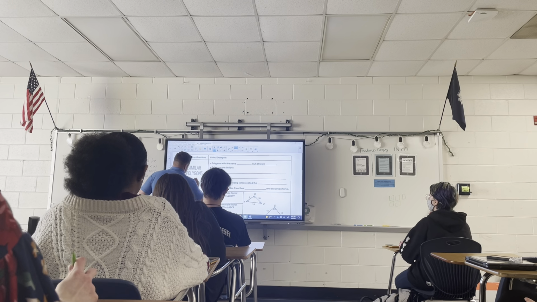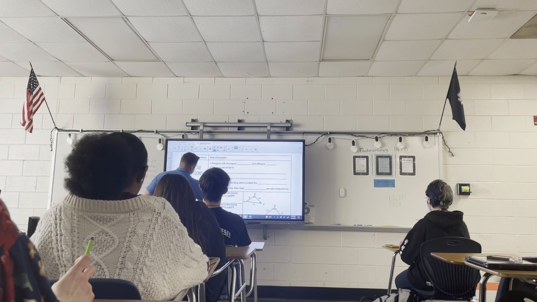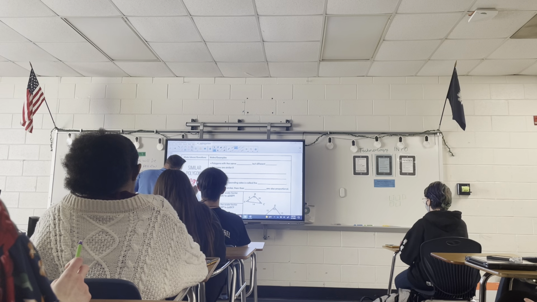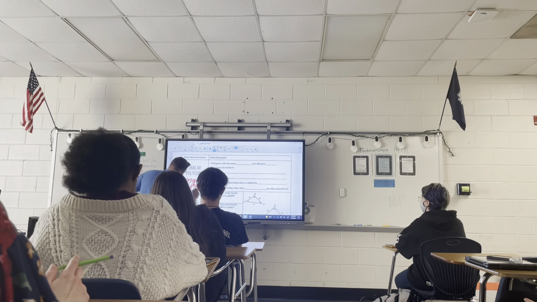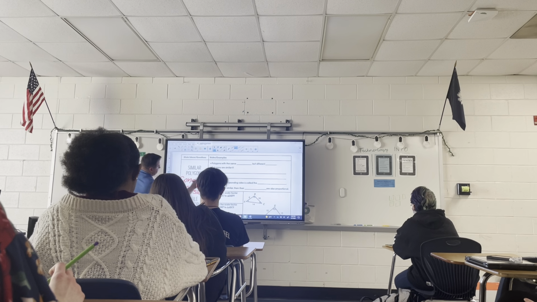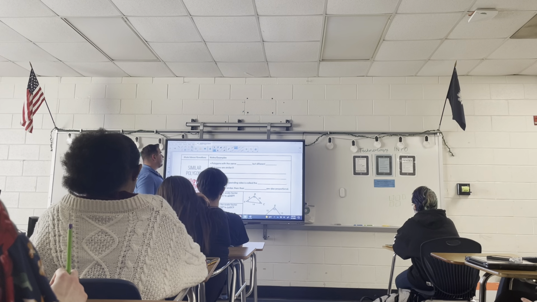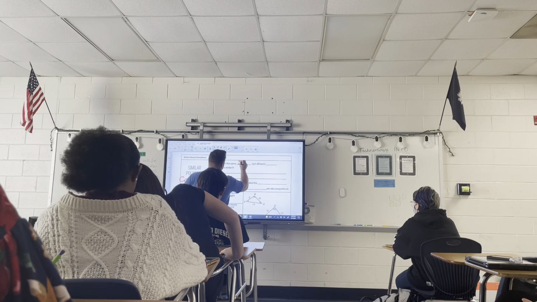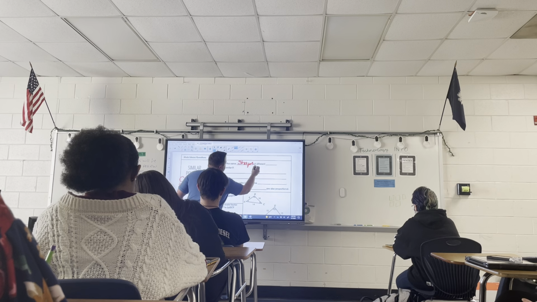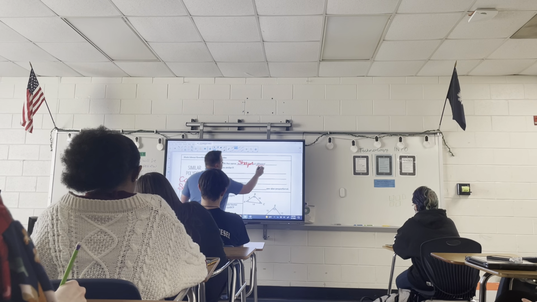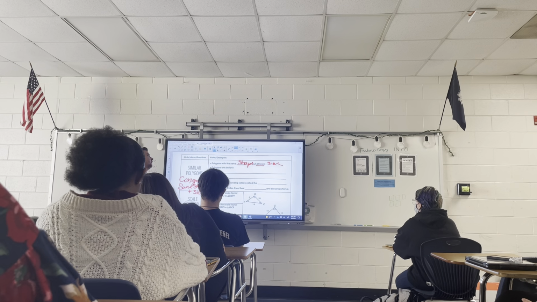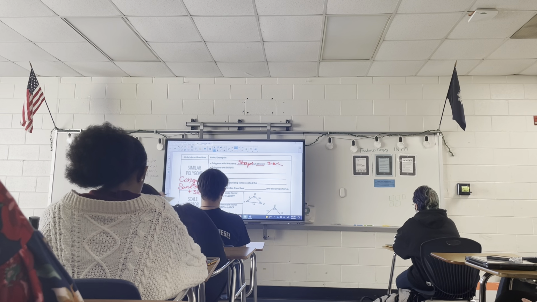So, with congruent, you use same shape and size. However, with similarity with polygons, you're using the same shape, but different size. Okay? Same shape, different size.